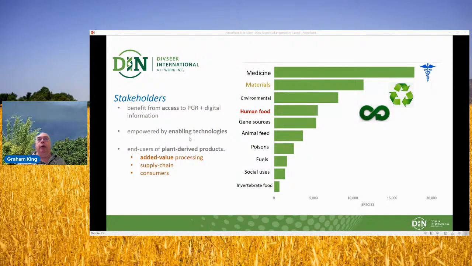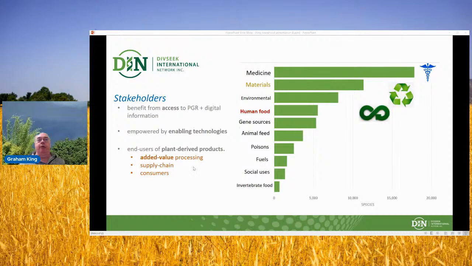And we hope that the enabling technologies, not just DNA sequencing and genomics, but the informatics, the AI that can arise from that, and all the characterization technologies now coming on stream in terms of phenomics and so forth, can be integrated and made available.